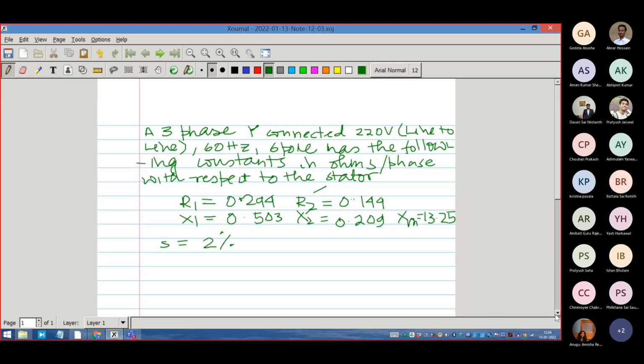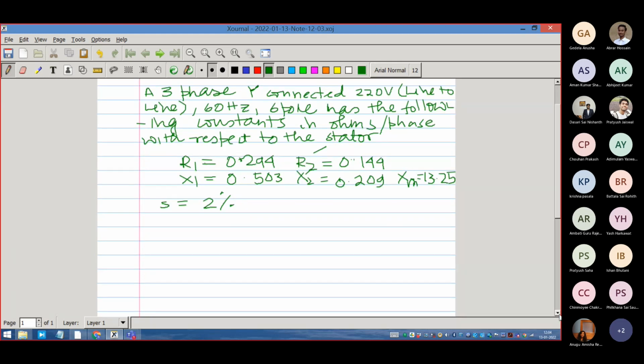In the last class we mentioned that we normally consider a simpler equivalent circuit where all other parameters are negligible compared to R2 dash by S, which we can cross check. Here R2 dash by S is how much?